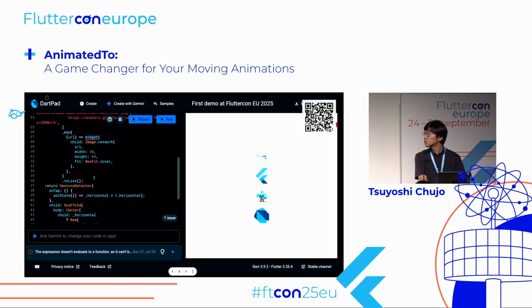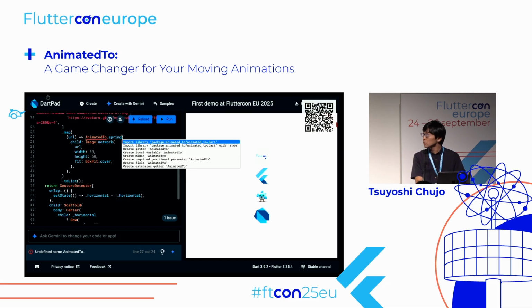Let me live code. AnimatedTo.Spring. Because my package AnimatedTo is now introduced into the Dart part, we can just choose the import line here.